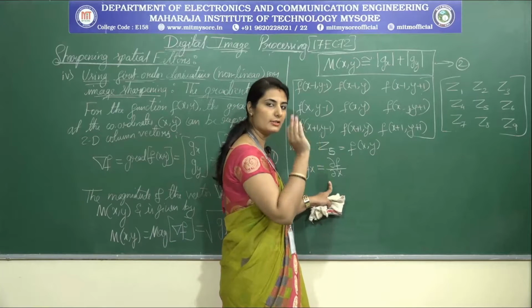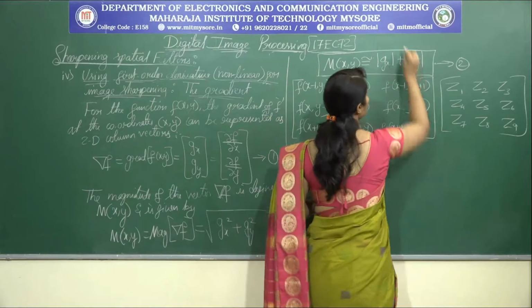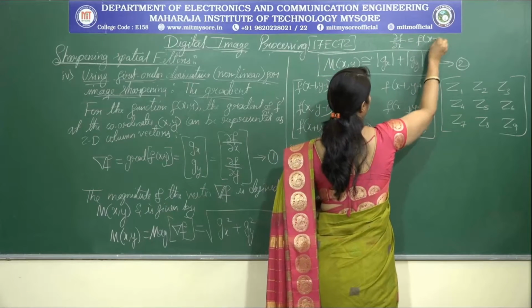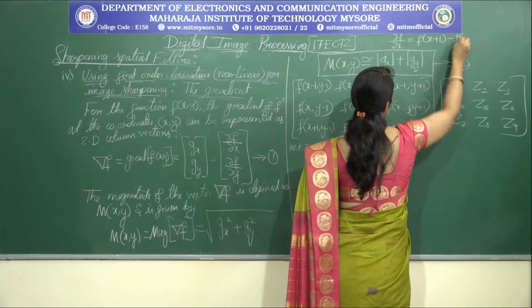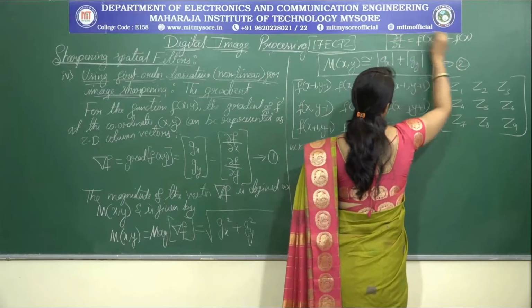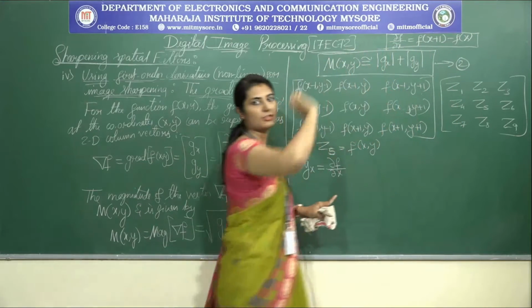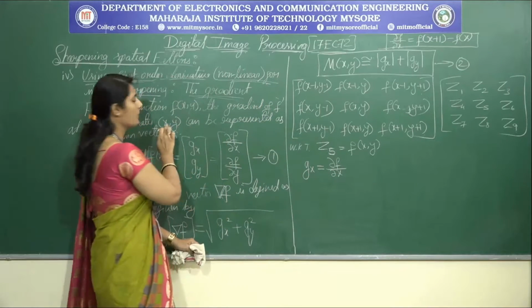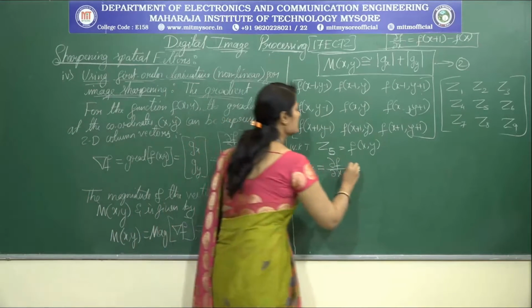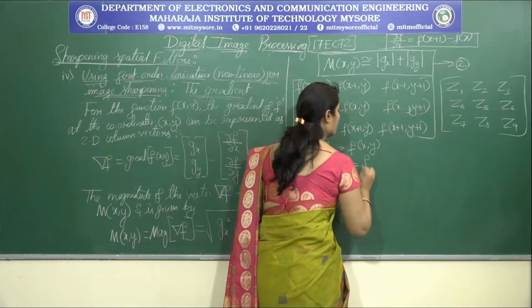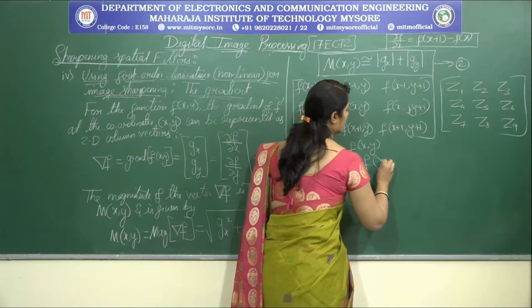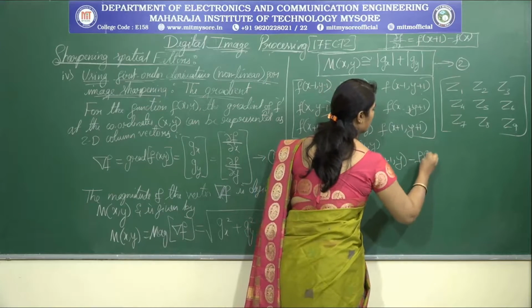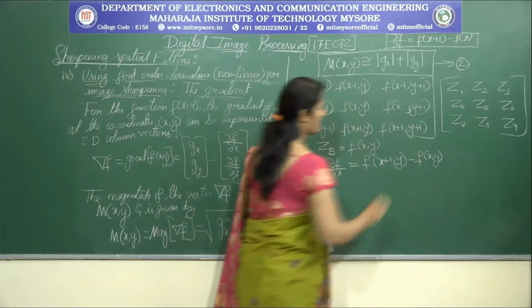Do you remember the first order derivative equation? dou f by dou x is equal to f of x plus 1 minus f of x. This equation we have used in first order derivative, right? Using the same for the image, this is equal to f of x plus 1 comma y minus f of x comma y.